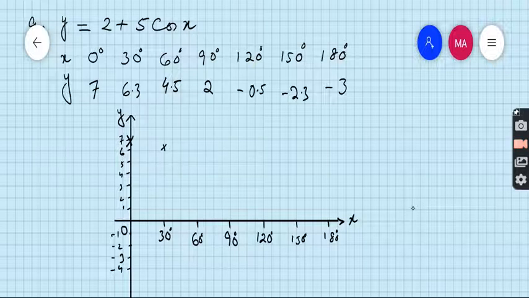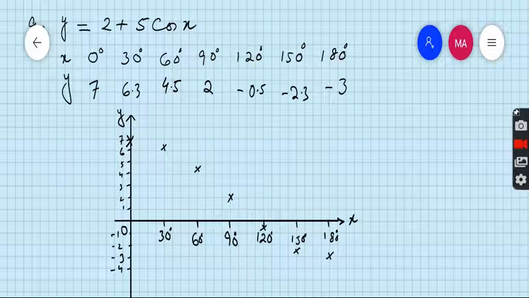When x is 60, then y is 4.5. When x is 90, then y is 2. When x is 120, then y is minus 0.5, just below this line. When x is 150, then y is minus 2.3. So this is 2, this is 2.3. When x is 180, then y is minus 3.